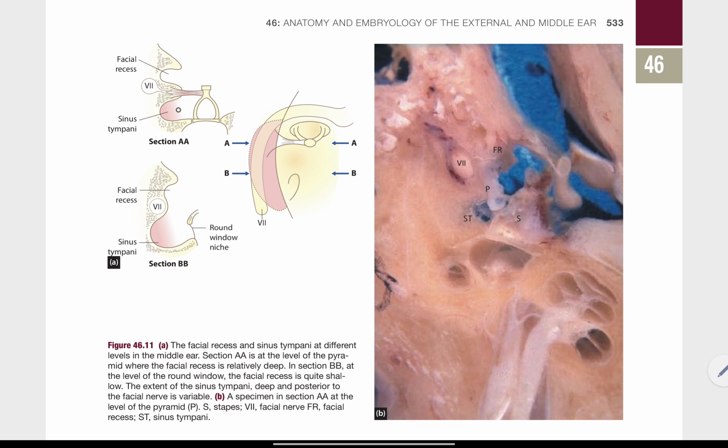B, a specimen in section AA at the level of the pyramid. S, stapes; seventh, facial nerve. FR, facial recess, and ST, sinus tympani. Seventh nerve, facial recess, pyramid, sinus tympani, stapes.